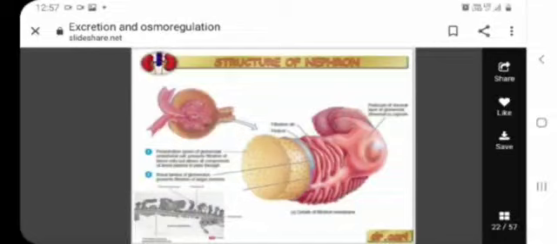See the fenestrations or the pores of the glomerular endothelial cell, which prevent the filtration of blood cells but allow the components of blood plasma to pass through. The basement lamina or the basal lamina of glomerulus prevents the filtration of large proteins.